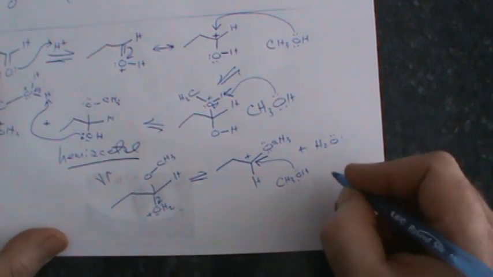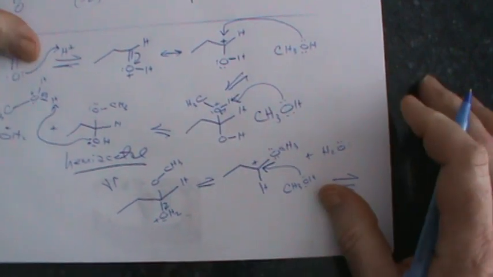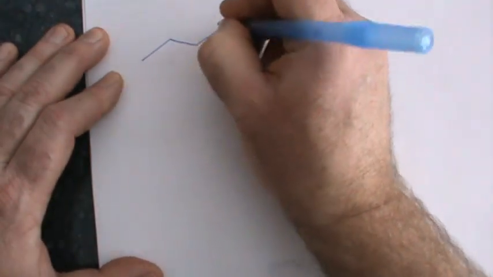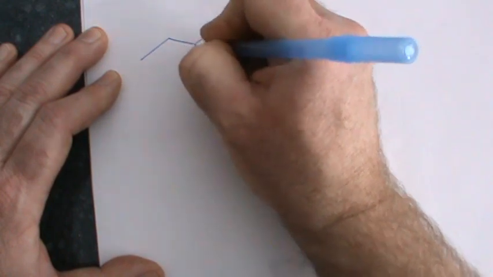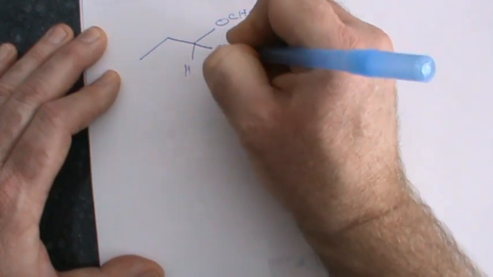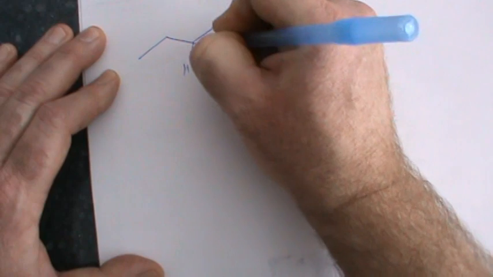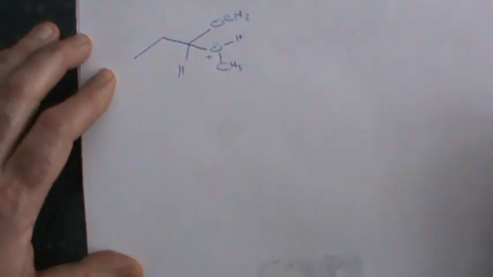And when that happens, we're going to have to go on to another page here. When that happens, I generate one more oxonium ion, which looks like that.